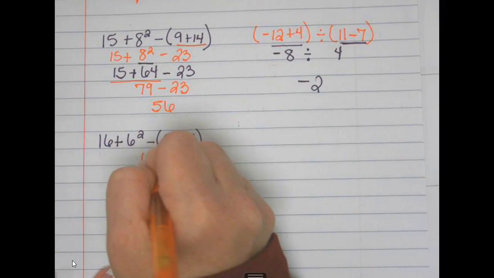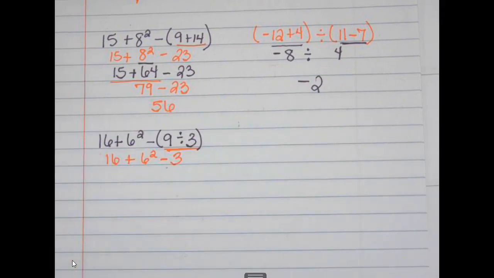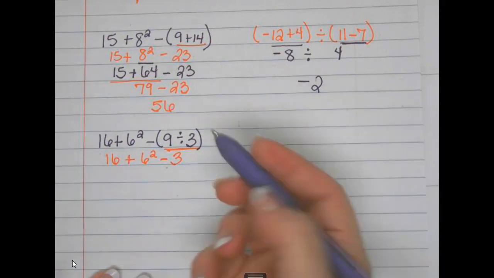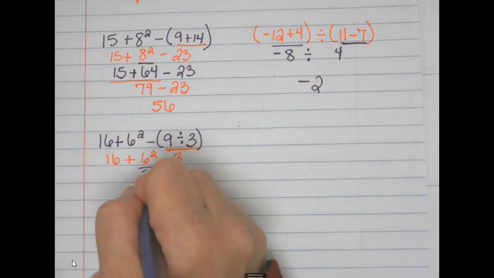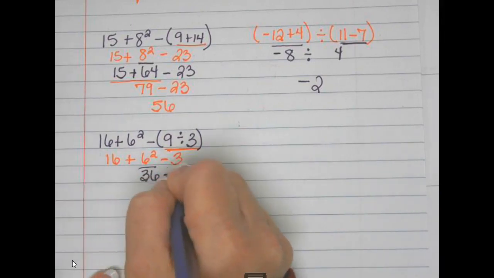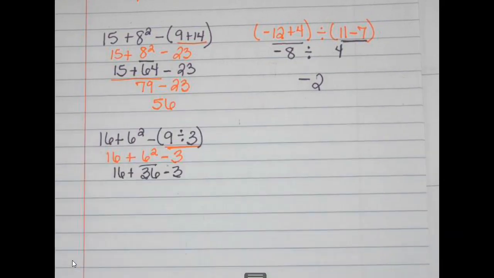Everything else comes straight down. Now I've done the parentheses. Now I have exponents. 6 squared is 36. 36 minus 3 comes down, plus 16 comes down.